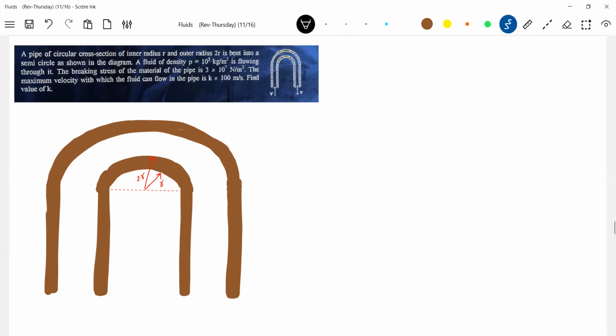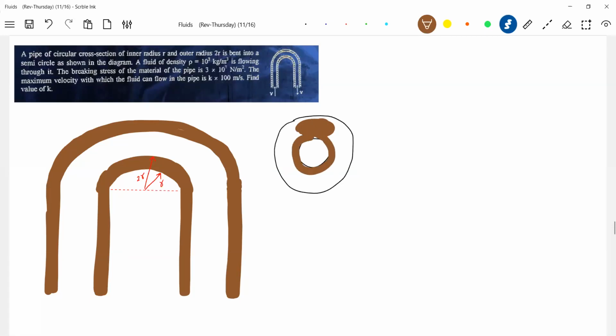I think we may have to draw a little bit more. Let me make it more thick. This is that pipe, and where the liquid will flow. The blue color, I'll show the liquid.